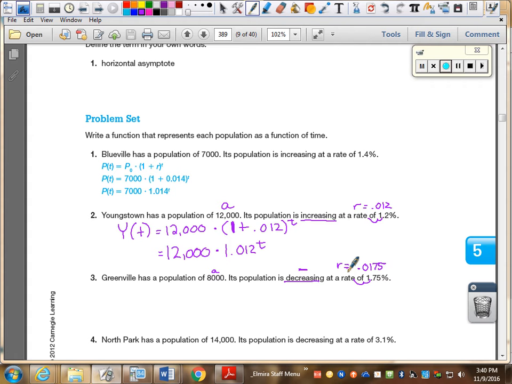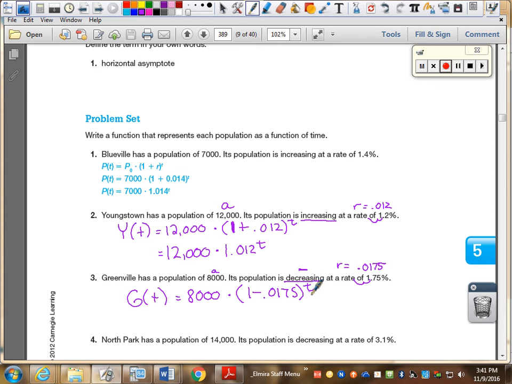If you go to a bank and look up their interest rates, they're not usually whole numbers. They're usually like 3.5% or 4.25% or something like that. Okay, Greenville, in terms of time, has a population that started out at 8,000, but now it's 1 minus 0.0175 to the t power.